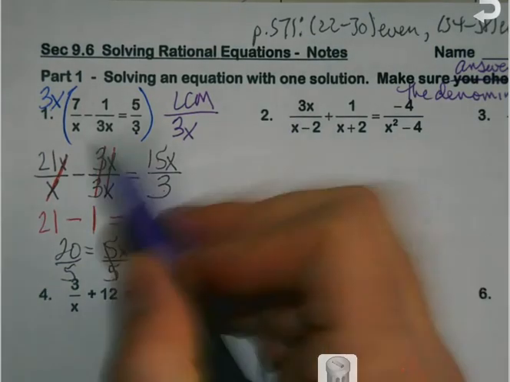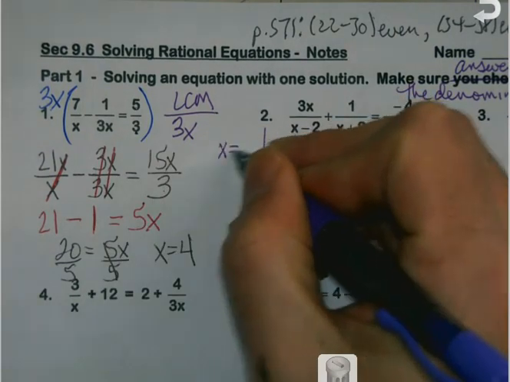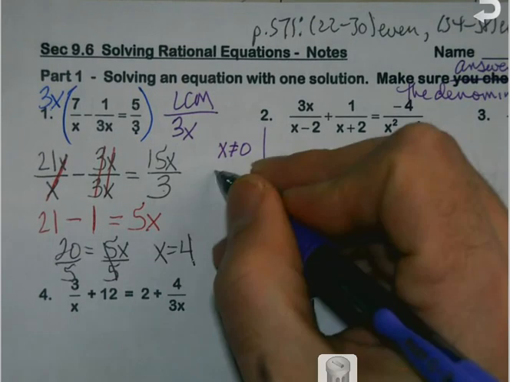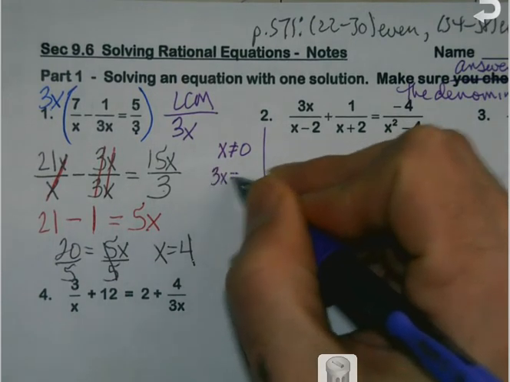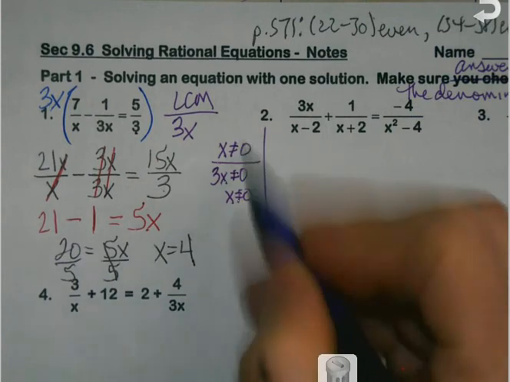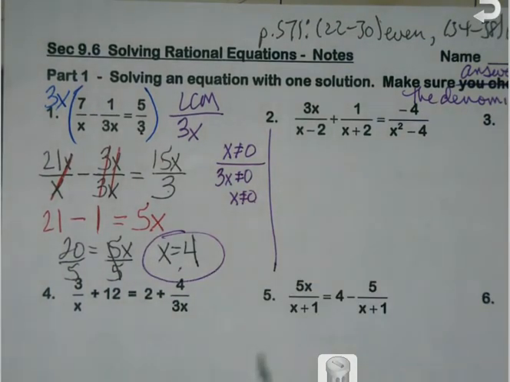So I go back and I look at these and I say, okay, let's see, x can't be 0 because that would cause this. That doesn't hurt me. Well, if I set 3x to not equal 0, well, I still get x doesn't equal 0, okay? So as long as my x value isn't 0, which it isn't, that answer is A-OK. And again, you'll get an occasional no solution, but it doesn't happen a lot, so it's something we're going to keep an eye out for.